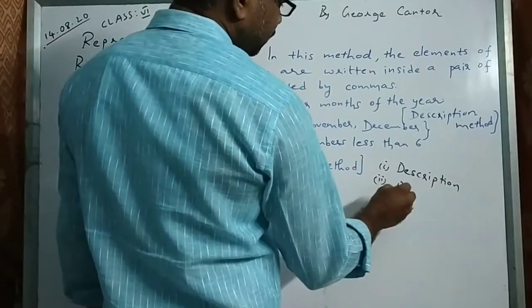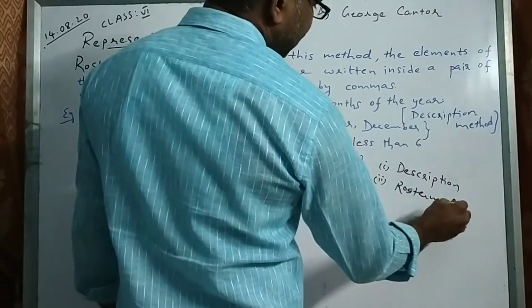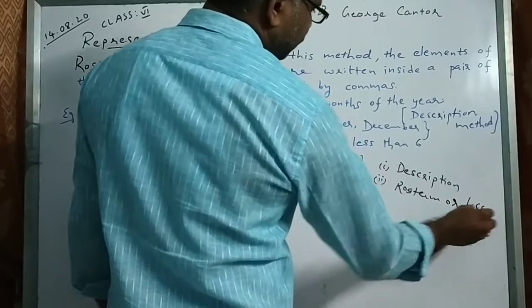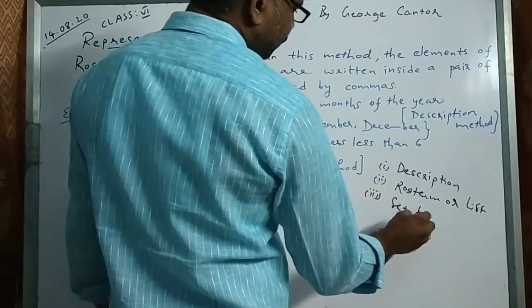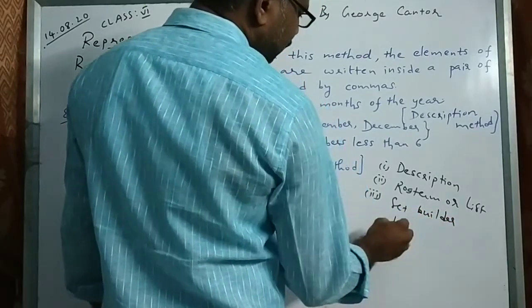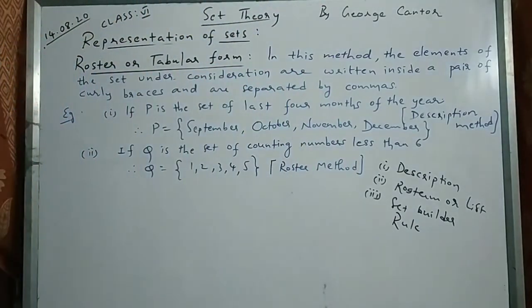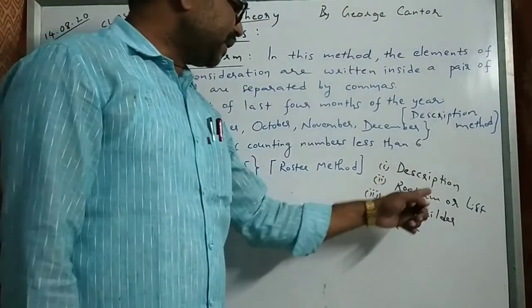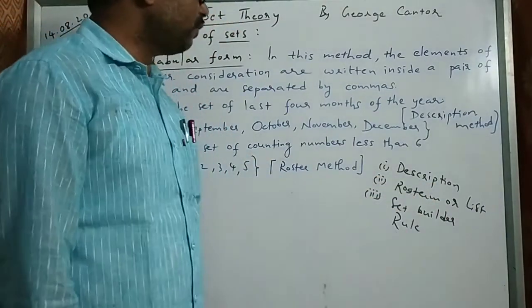Second one is roster form or list form. Third one, set builder form or rule form. Usually we represent the sets by three types: description, roster form or list form, set builder form or rule form.